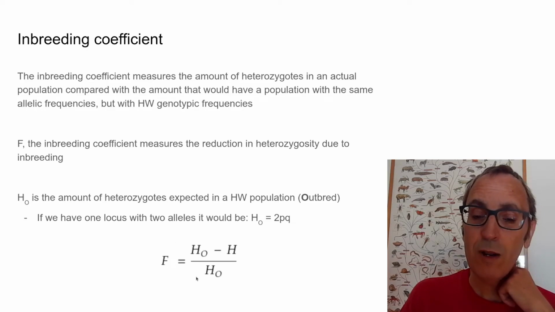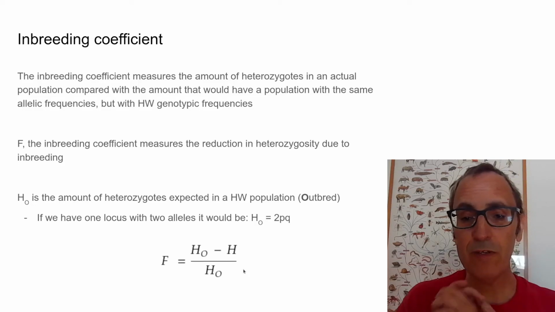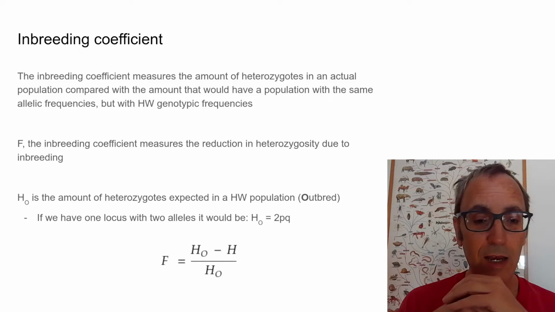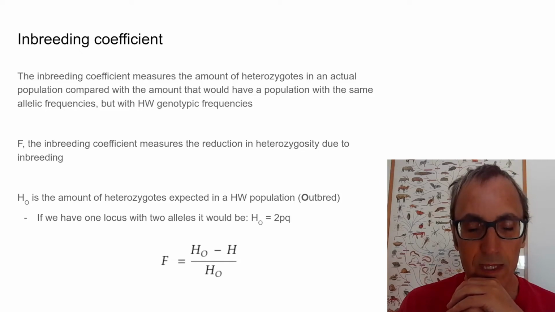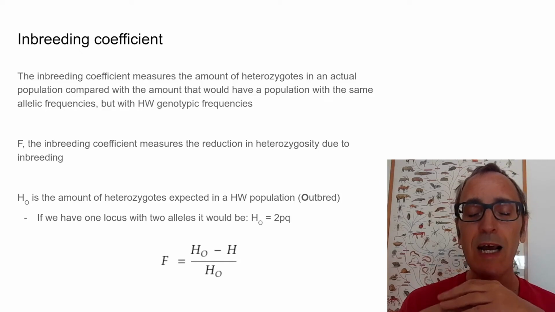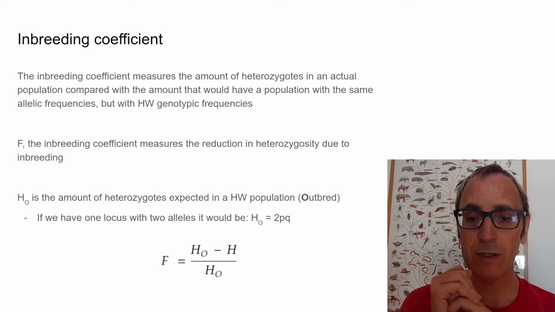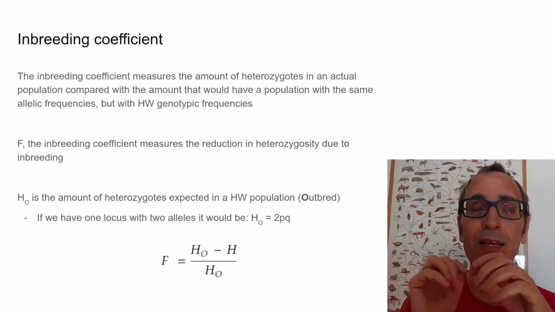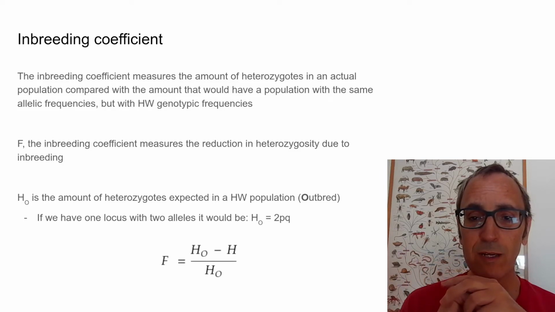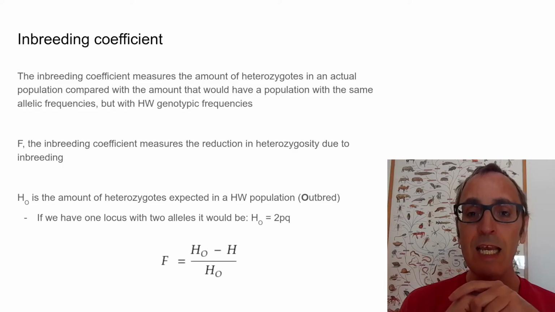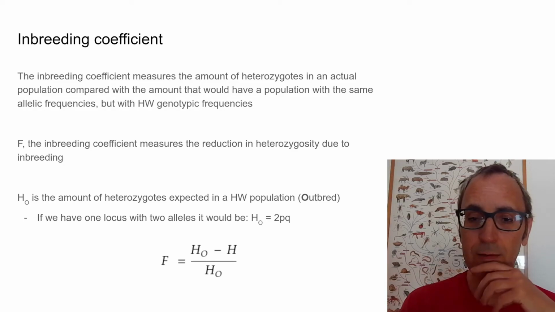It's the same formula as before, the formula for FST, but the formula for FST was applied when you assume that the reduction in heterozygosity was due to substructure of the population. But in this case, we are assuming that the reduction in heterozygosity is due to inbreeding.